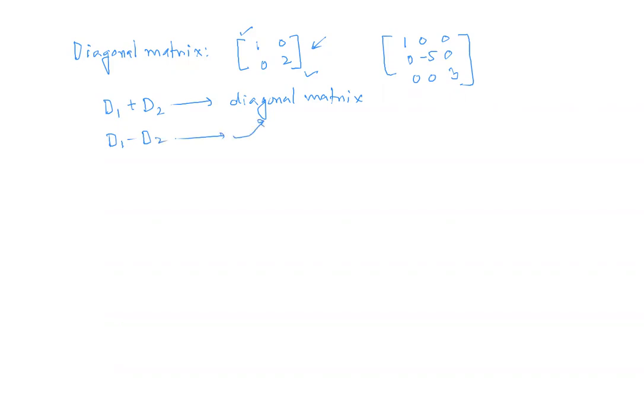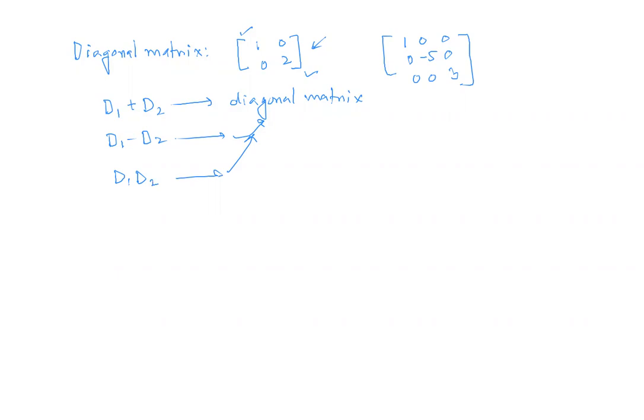If you multiply them, let's say they are square matrices, so you'll be able to multiply them, D1 times D2 is also a diagonal matrix. So add, subtract, and multiply, all of them give you a diagonal matrix.